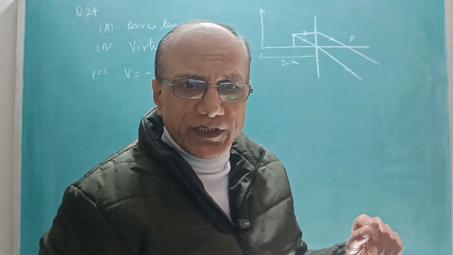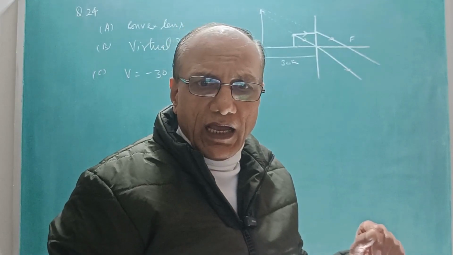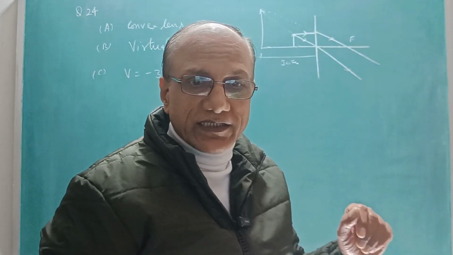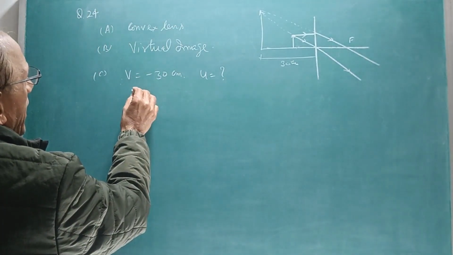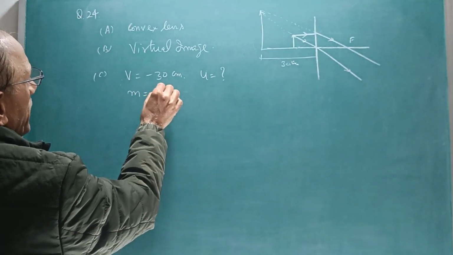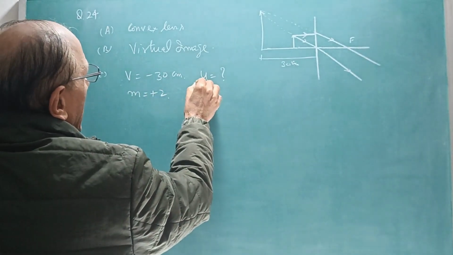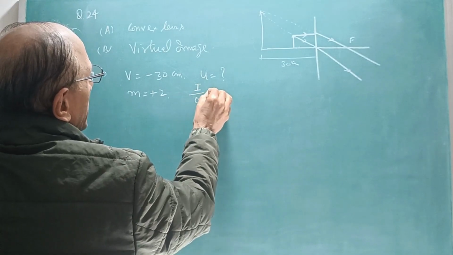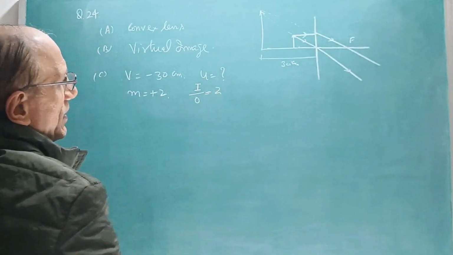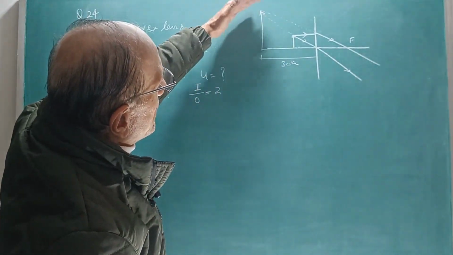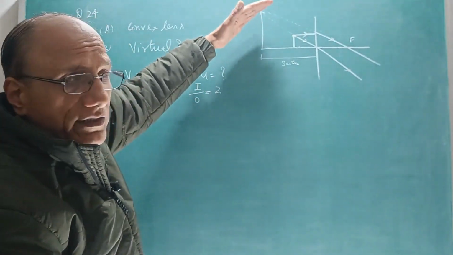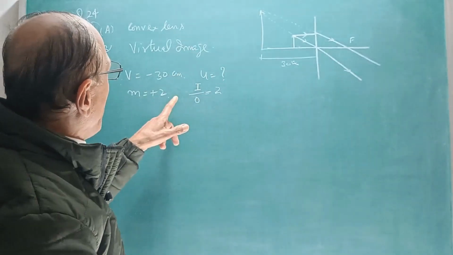The image is twice the size of the object. That means magnification is +2. That means size of the image upon size of the object equals 2. That is m equals 2. That is positive. Both are on the same side. So according to sign convention also, the m is positive.